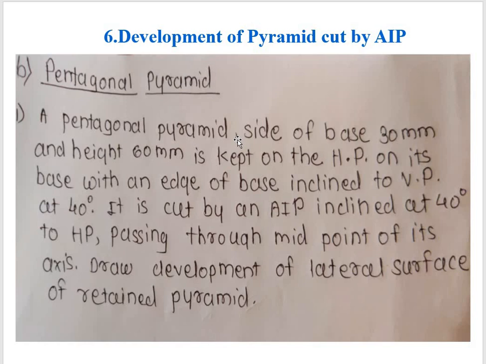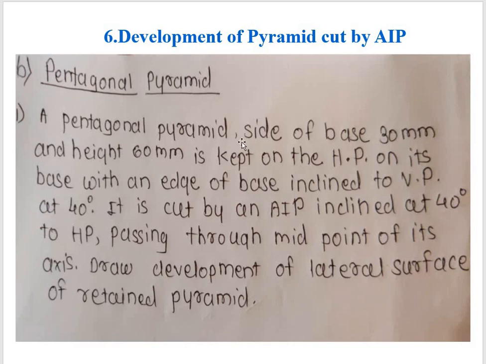Development of a pyramid cut by the AIP. In the pyramid, we know there are the square pyramid, pentagonal pyramid, hexagonal pyramid, likewise. So here is the pentagonal pyramid. Let's read the question.